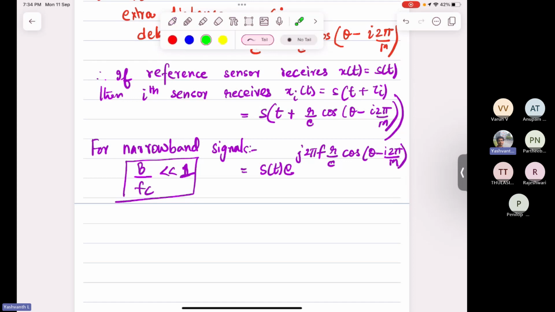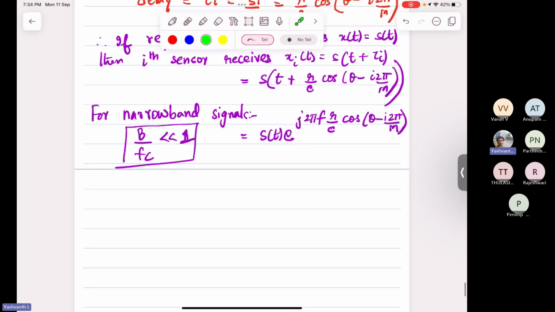Basically, I took this extra term, multiplied by j2 pi f and raised it to the power e. This extra delay will cause a phase shift of this much. The delay will translate to a phase shift for a narrowband signal.